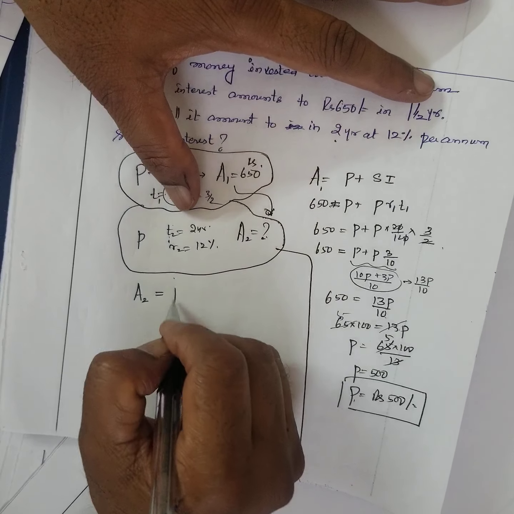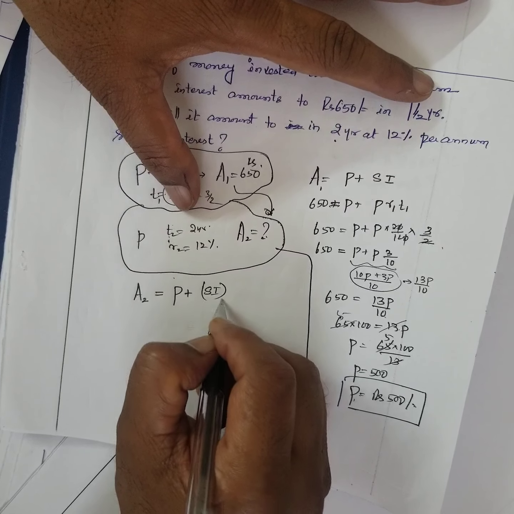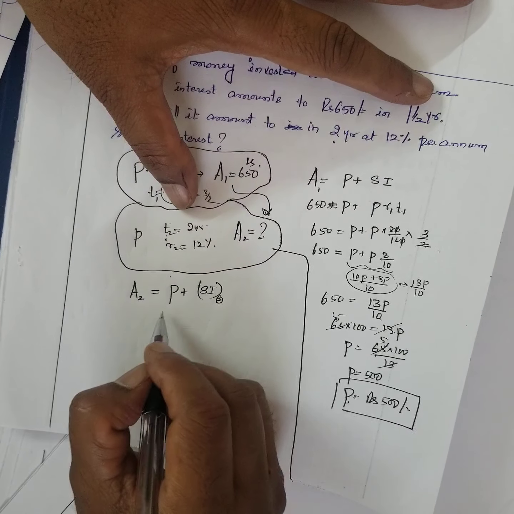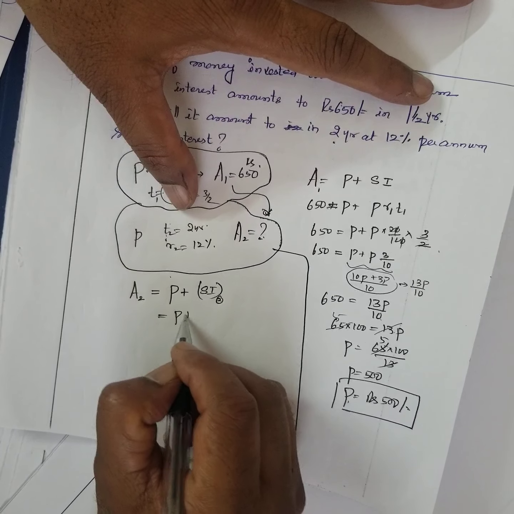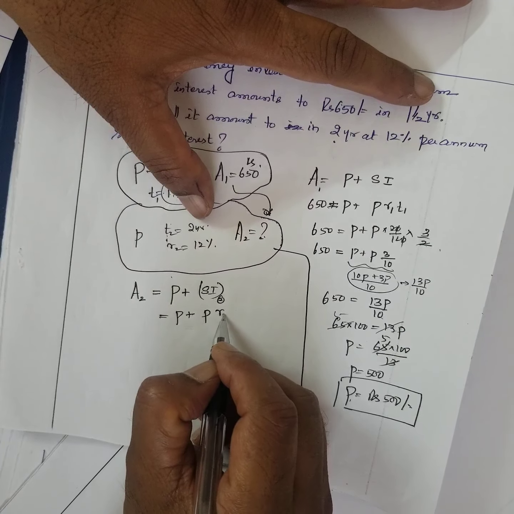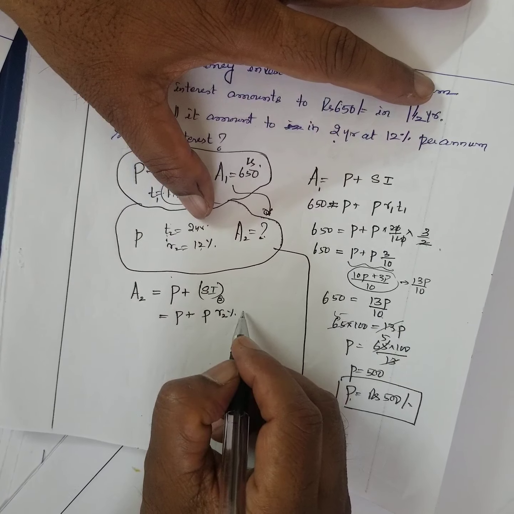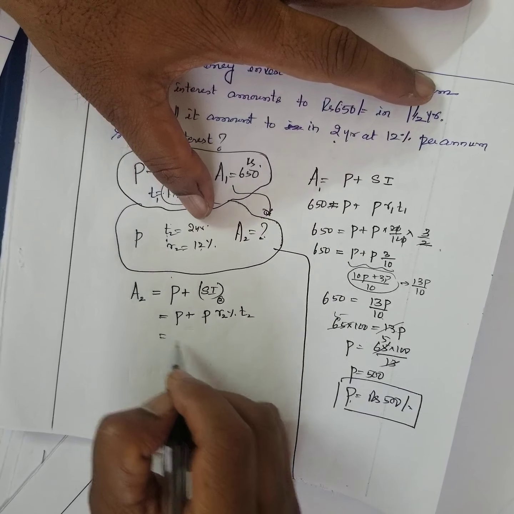With the same principal, with simple interest, at a different interest rate. That is P plus P rate, this is the principal, at a different rate, that is 12%, and a different time T2, that is 2 years.